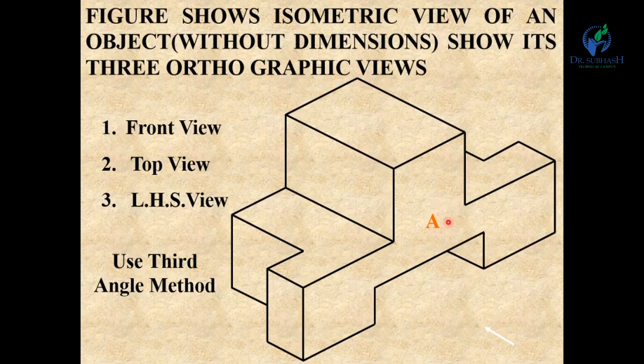So this portion A, you can see this portion A in front view, and these portions a, b, c in top view, and this portion 1 in side view. Okay, so now we have to draw its front view, top view and left hand side view. So in front view you can see this portion A, it will show the front view.